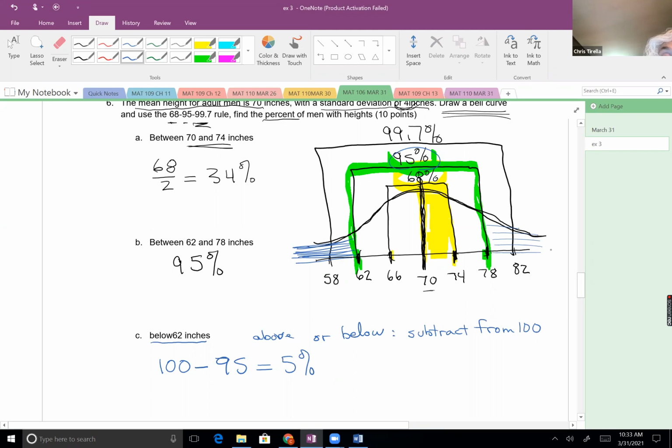And since we only want one side, after we subtract, we'll divide by 2, because again, it's symmetric. This area should be the same as the area on the other side. Since I only want one part of it, I'll divide by 2. And so that gives me 2.5%.